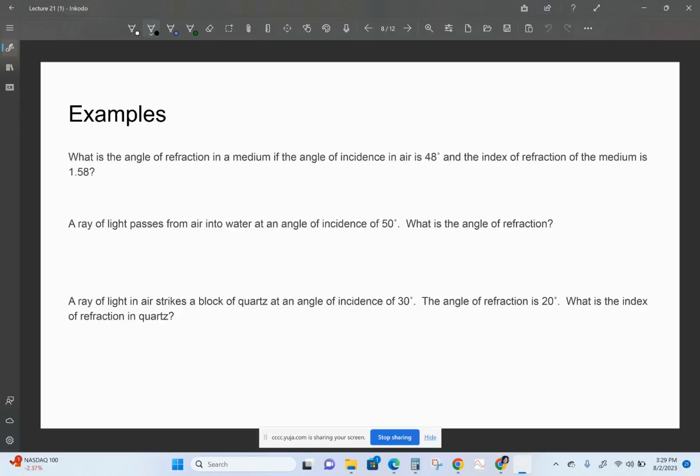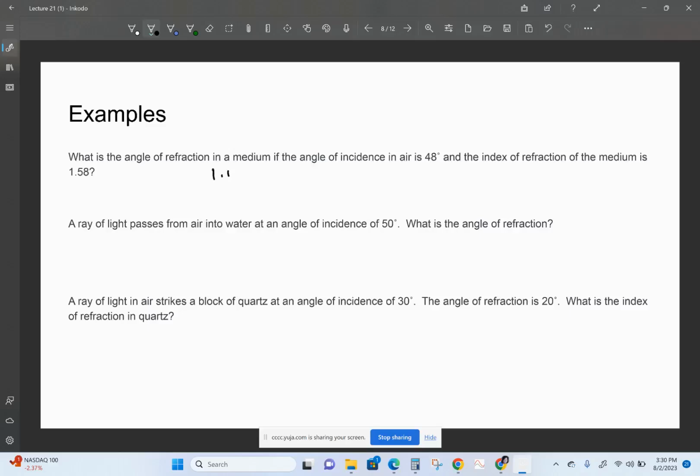So if we wanted to do other examples, we could do these, and let's do the first example. What is the angle of refraction in a medium if the angle of incidence is 48 degrees and the index of refraction is 1.58? So we're just going to assume that we're going from air into this 1.58 substance.